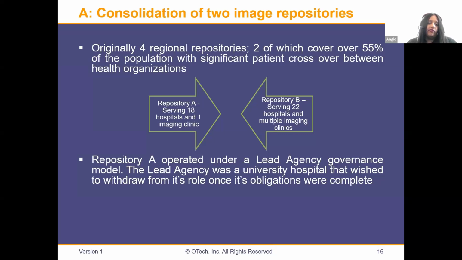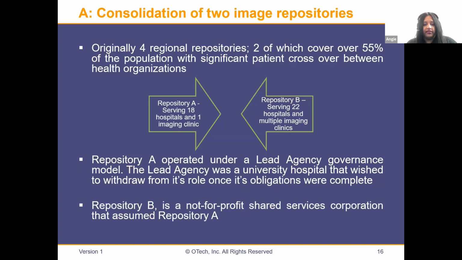Repository A itself operated under a lead agency model. If you're not too familiar with that term, in this case you can think of it as a program or project running at a hospital or shared service managing the operations and the key contracts for the repository services.